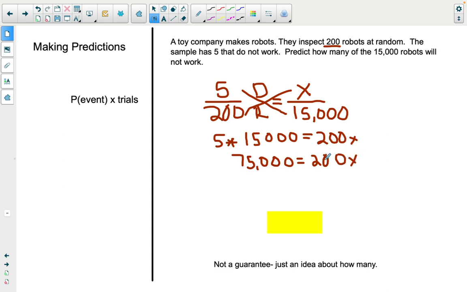To get that x by itself, I just need to divide both sides of my equation by 200. And the number of robots I expect to be defective in a batch of 15,000 will be about, do my division, 375.